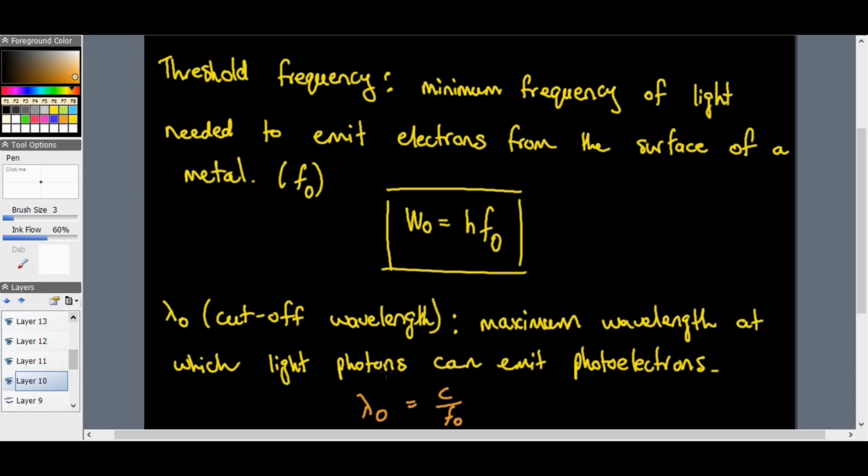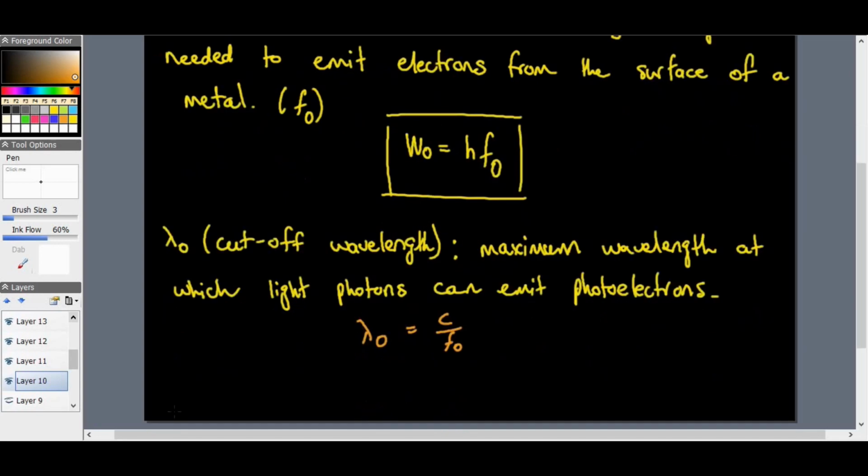Then we have, of course, one more formula, which is the maximum kinetic energy of photoelectrons. That formula is basically just rearranged as follows. Let me just find another layer here. There we go.